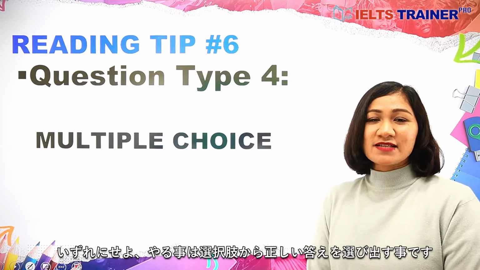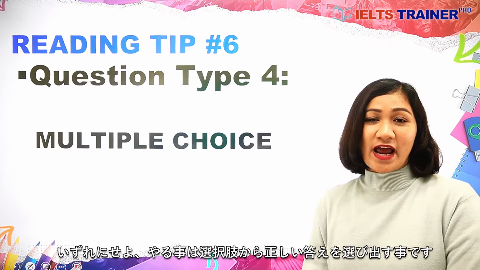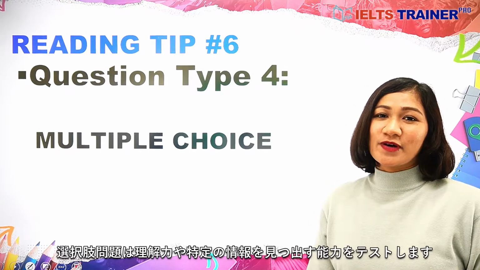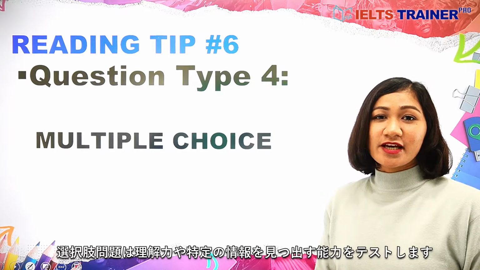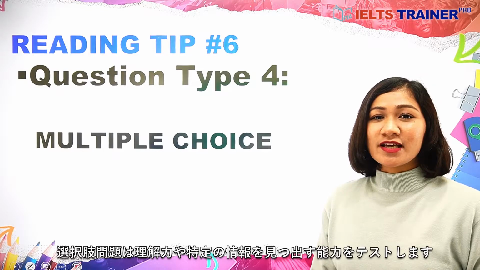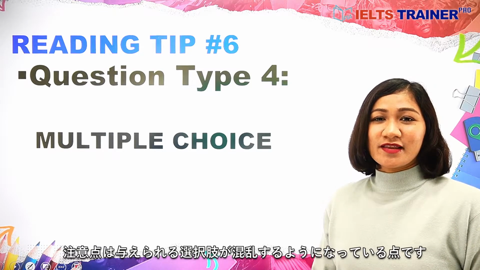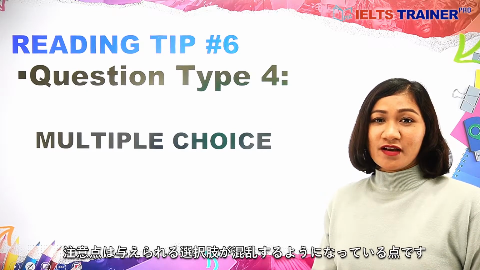Nonetheless, the main task of the test taker is to choose the correct answer or answers from the list of possible options. Multiple choice questions test our ability in understanding the main idea of a text and our ability in finding specific details. The tricky part in this type of task is that the options may be confusing.